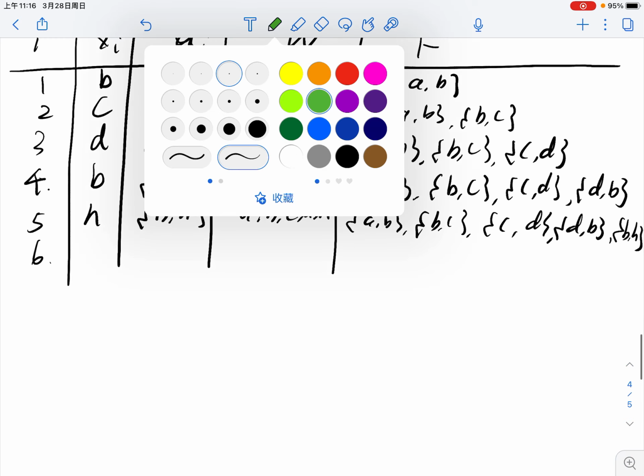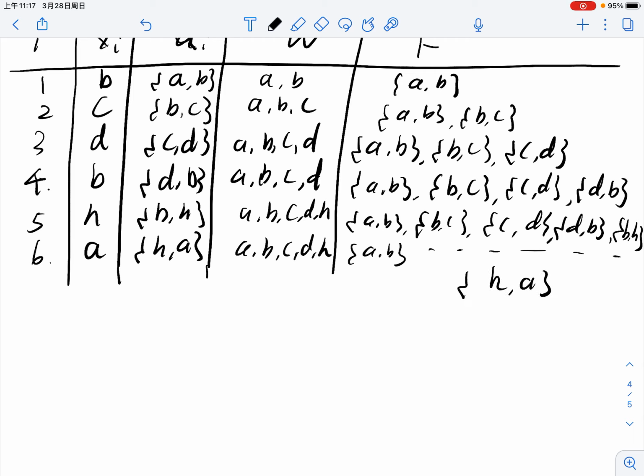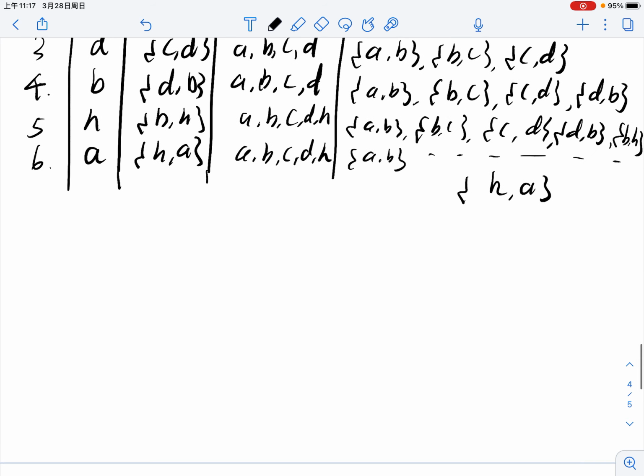So you have HA. Here you don't increase W, but for the set F, you keep all the edges from the last step and add HA into F. Okay, and then you have a closed trail.